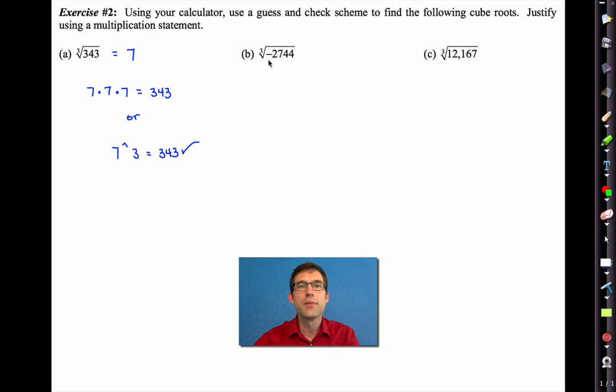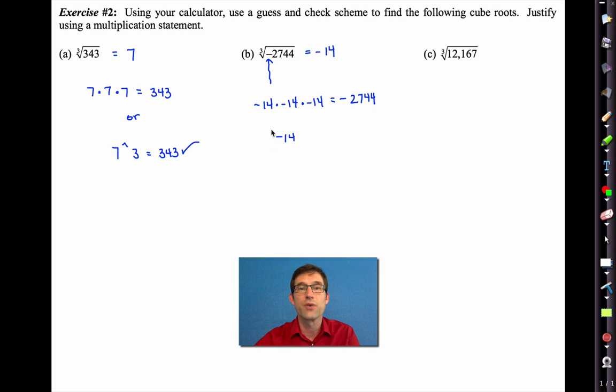Now, this one looks a little bit worse because it's got a negative in there. But again, it's not too bad. You should be guessing negative numbers, though, and what you'll eventually find is that the cubed root of negative 2,744 is negative 14. Again, not something I know off the top of my head, and that's because negative 14 times negative 14 times negative 14 is negative 2,744.